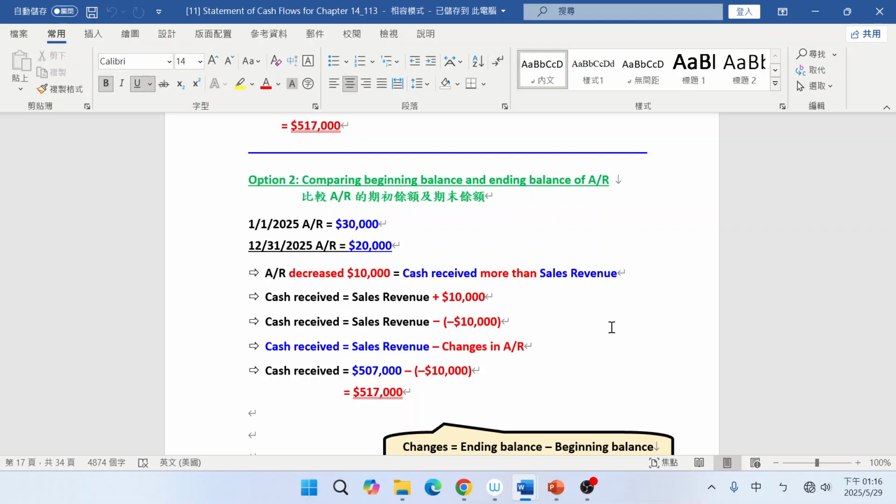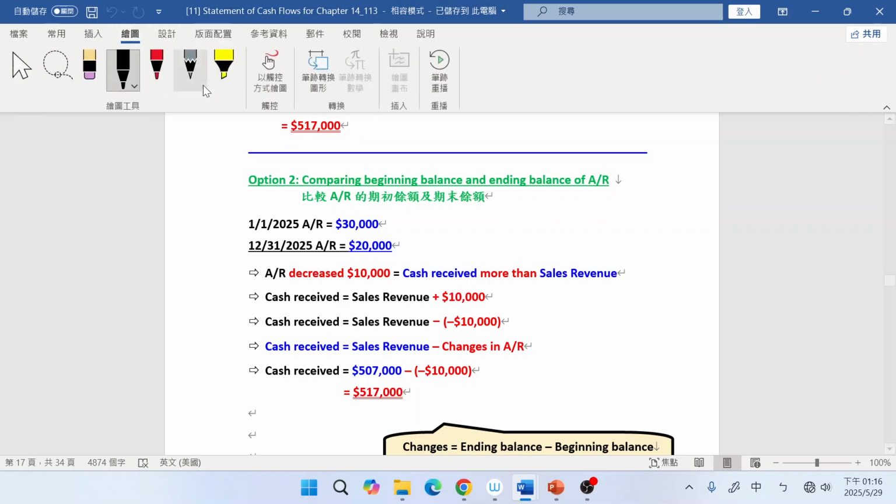So go to your note on page 17. Where is our formula for the indirect method? Right here, right? For current assets, we use minus changing accounts receivable on page 17.